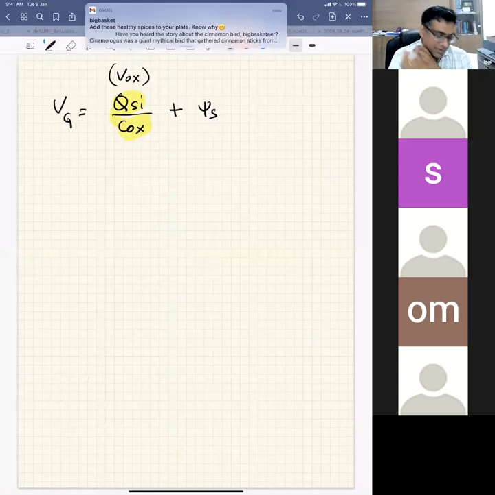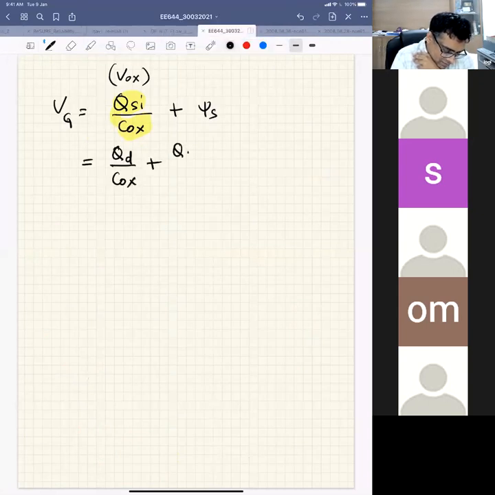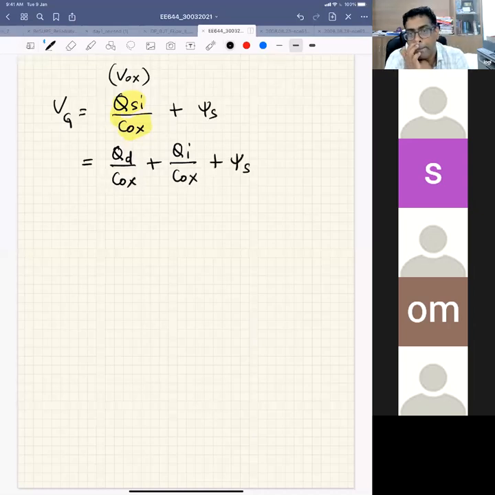You could also write it as Q_d by C_ox, this is the depletion charge, plus Q_i divided by C_ox, plus psi_s, right? Okay.